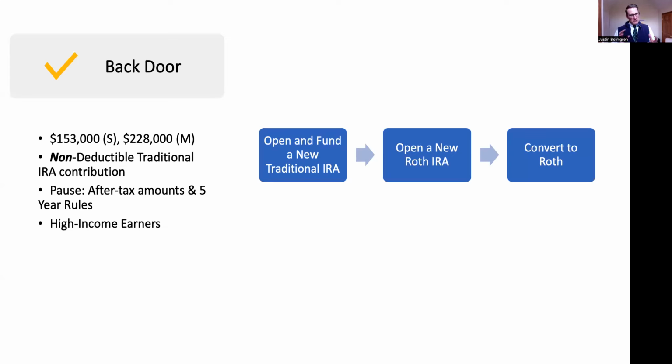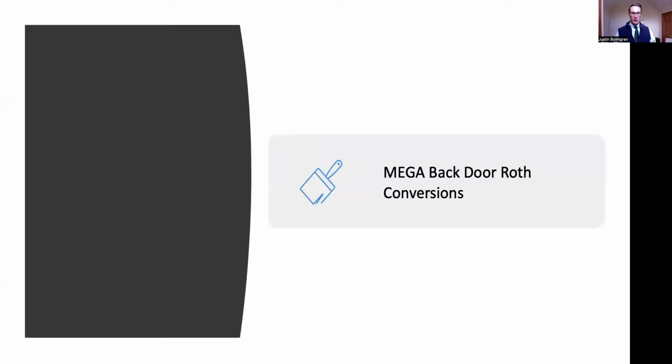Okay, so now we have a similar concept to the backdoor: taking other non-deductible contributions and then converting them over. It's a similar approach, the mega backdoor.